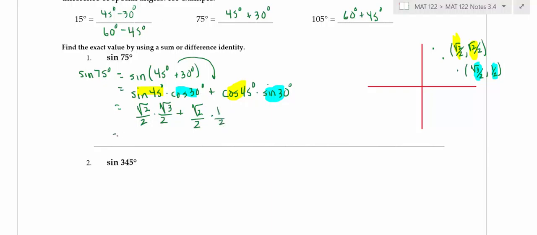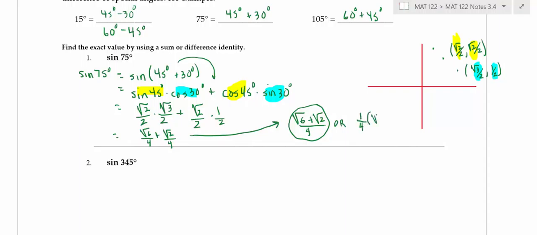So when we put this together, we're going to have square root of 6 over 4 plus square root of 2 over 4. And then we can write the final answer as square root of 6 plus square root of 2, all over 4. That's the most typical way to write the answer. We also oftentimes write this as 1/4 times the square root of 6 plus square root of 2. I don't really see much need to do that, though.